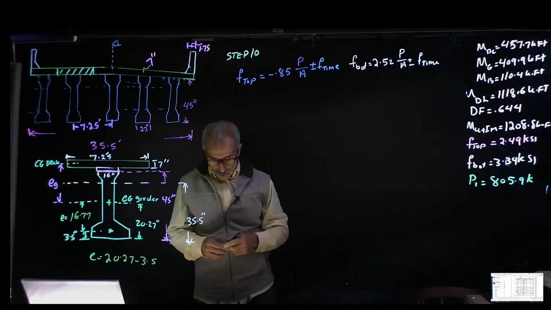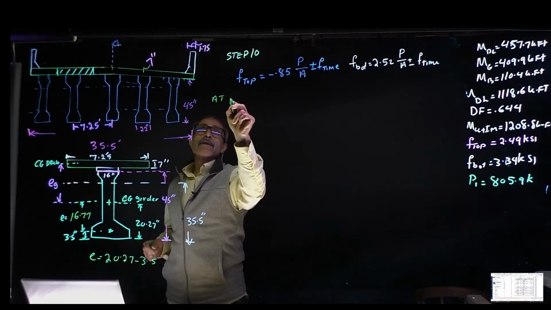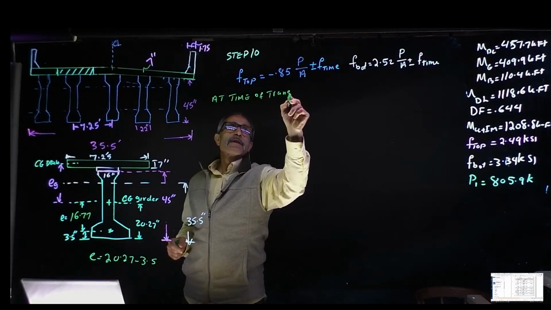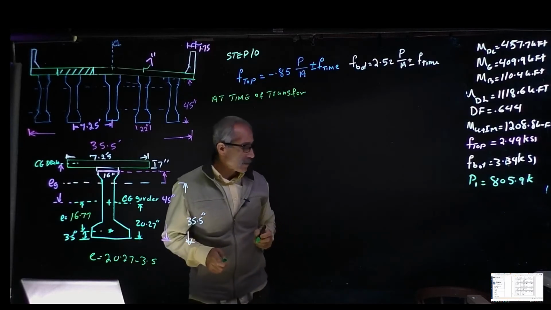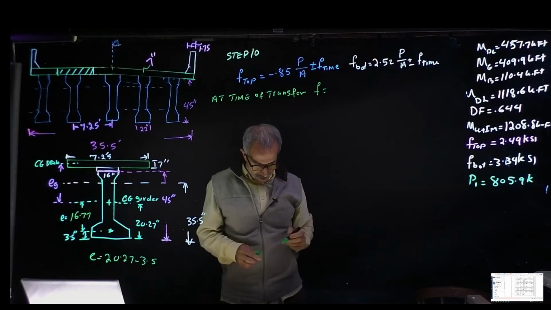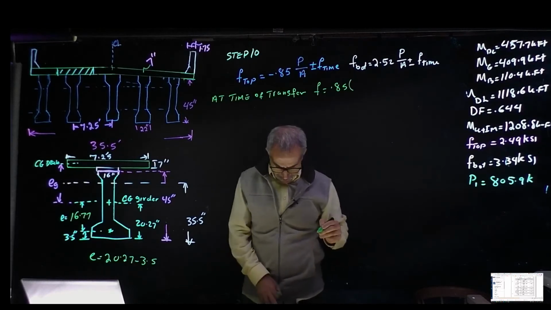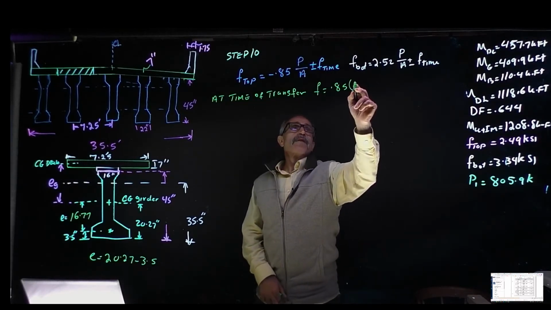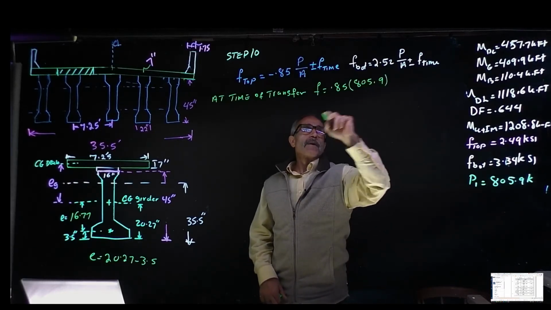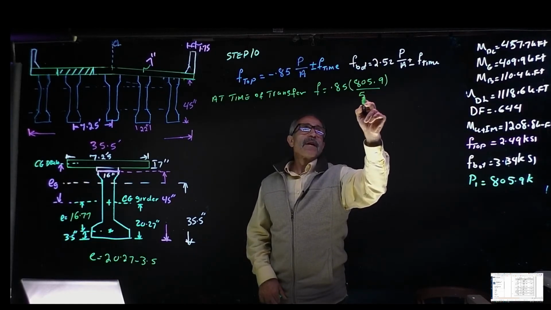All right, so let's go ahead and work. We're going to go ahead and say first, at the time of transfer, we're going to have F is equal, and that's got to be 0.85 multiplied by 805.9, and that's going to divide by area 560.